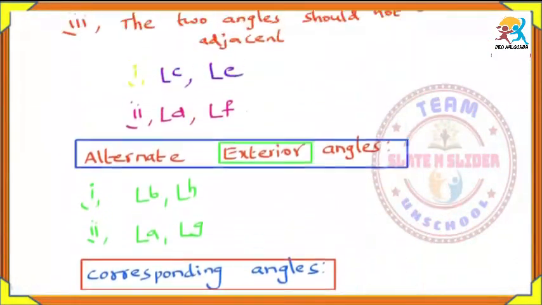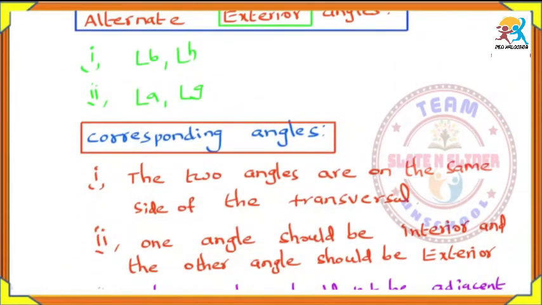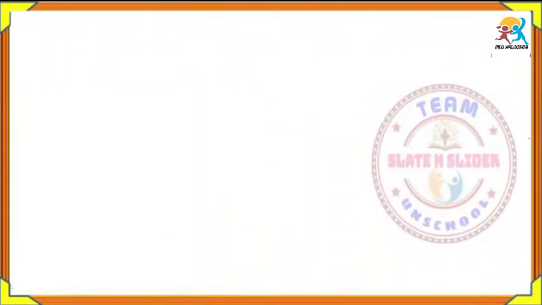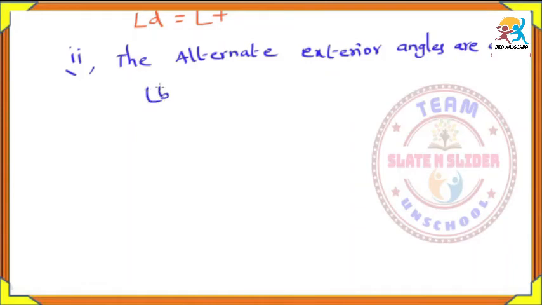Here the alternate exterior angles are angle B and angle H. They are equal. So we can write angle B is equal to angle H.